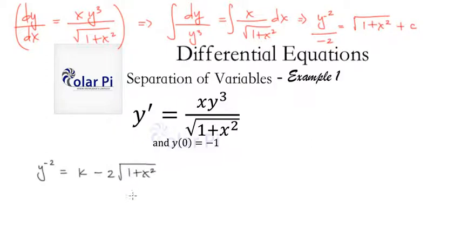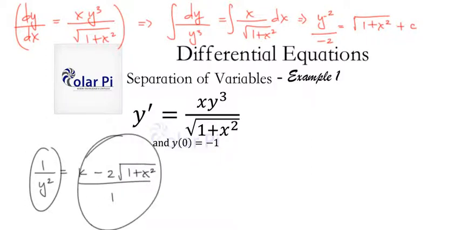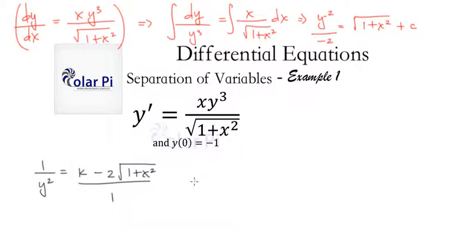And notice that all this is saying is y to the negative 2 power is 1 over y squared, so we could just write that. Now, we can flip both sides of the equation, and it would still be equal.